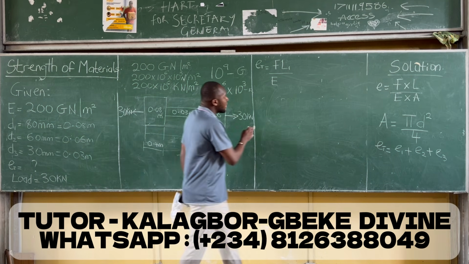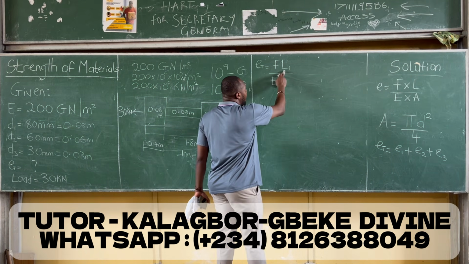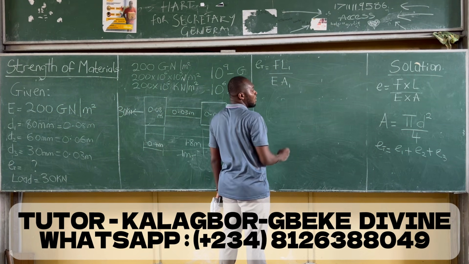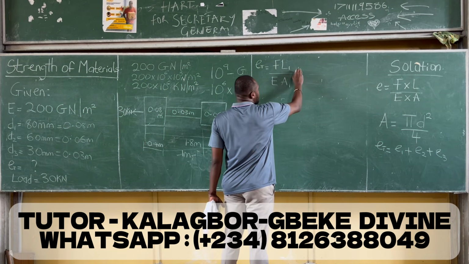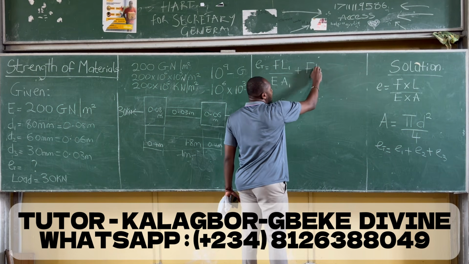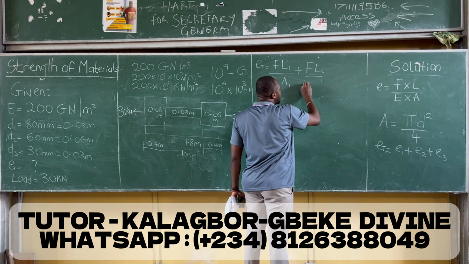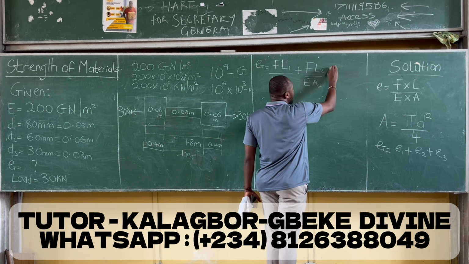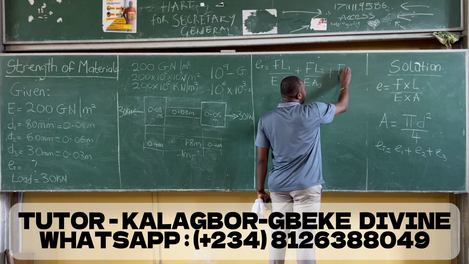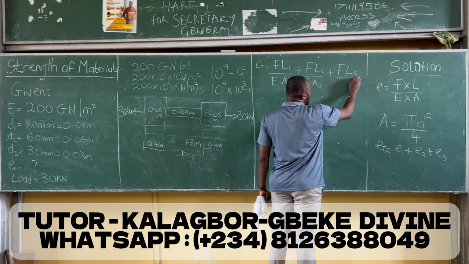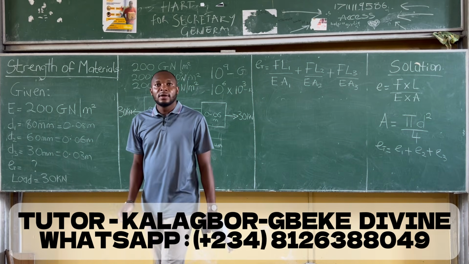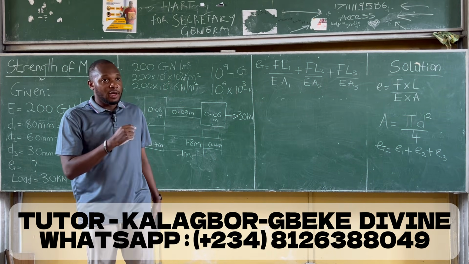So now, the total elongation will be what? FL1 over EA1, right? Plus FL2 over what? EA2, right? Plus FL3 over what? EA3. If you're lost, please let me know. Let me recap. Are you following? You're following?